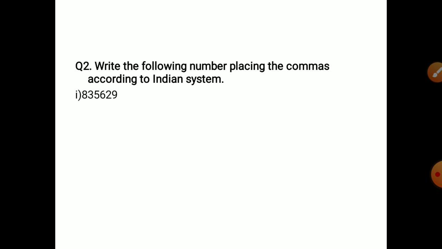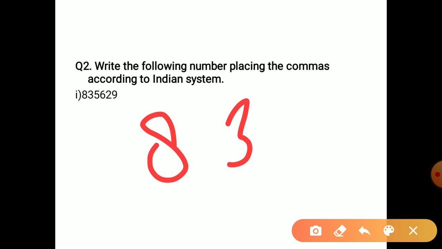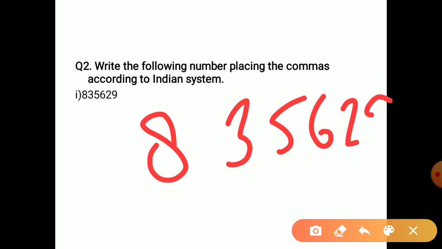So we will write commas according to this. If I'm taking this number 835629, my first period contains 3 digits, so I will make 1 comma here. My second period, that is thousand period, contains 2 digits, so my second comma will be here. So this question is solved.